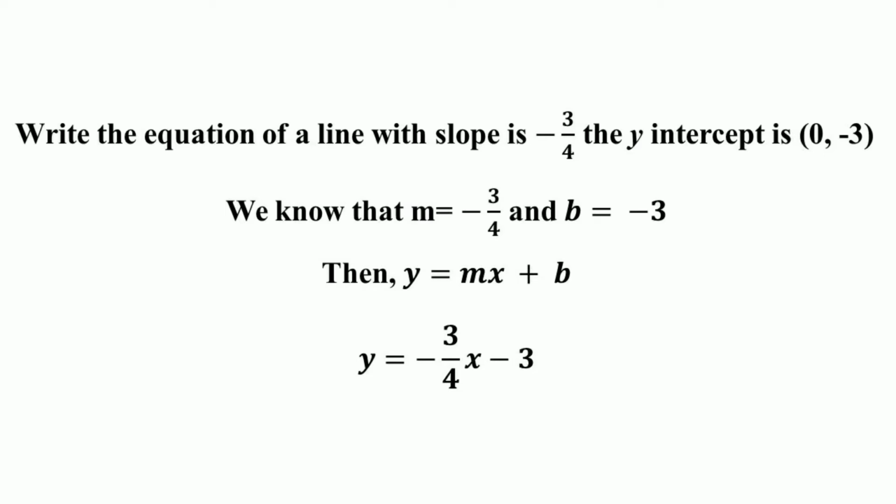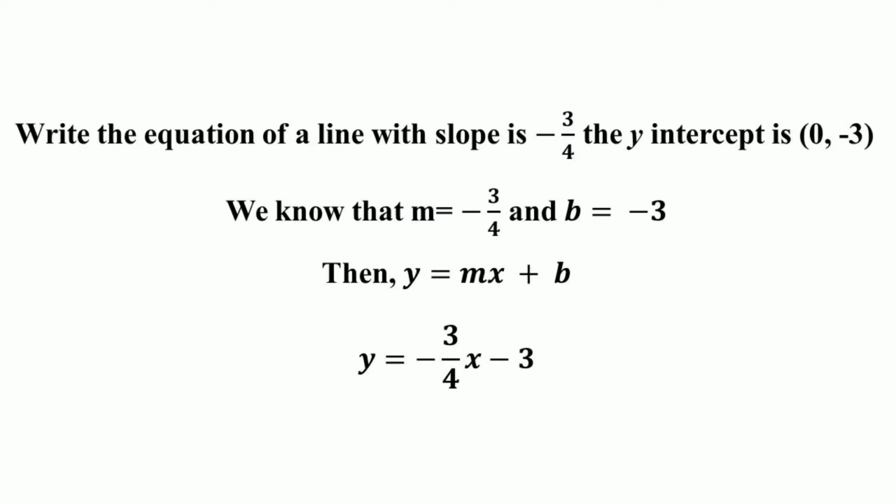Now consider another case. For example, write the equation of a line with the slope minus 3 by 4 and the y-intercept also given, that is 0, minus 3. From this example, we can understand that the slope m is given, that is minus 3 by 4, and b, the intercept term, is also given, which is equal to minus 3.